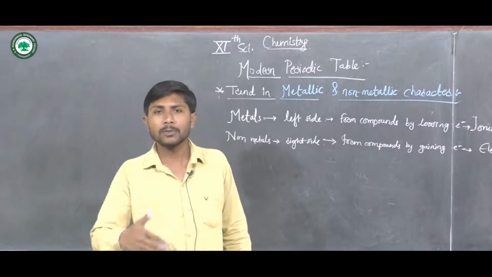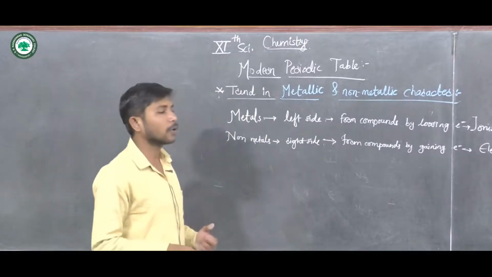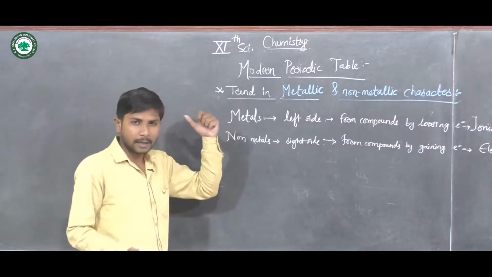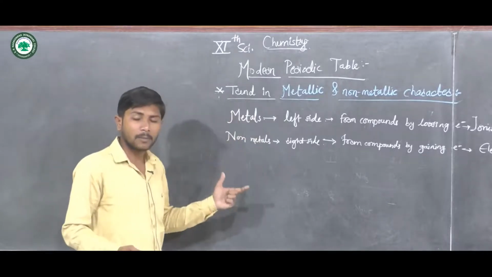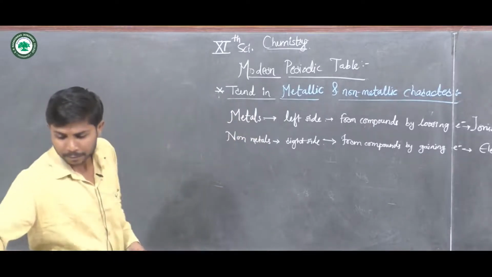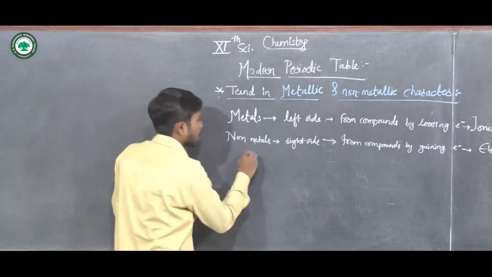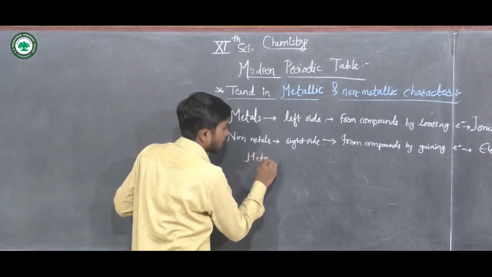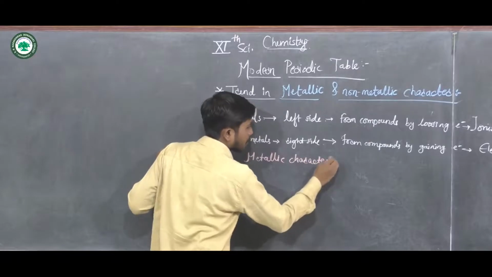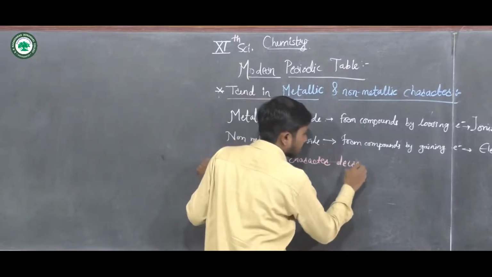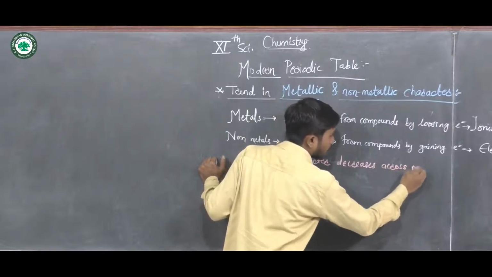As we move on, the nuclear charge increases, and that's why it goes on getting harder. So the metallic character of every element in the modern periodic table decreases across the period.